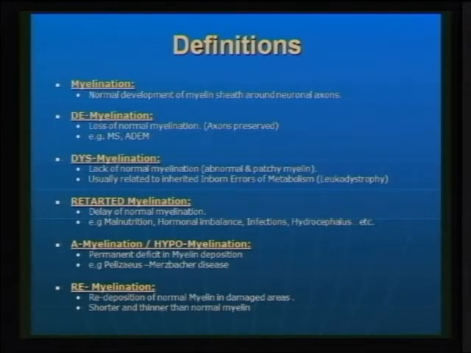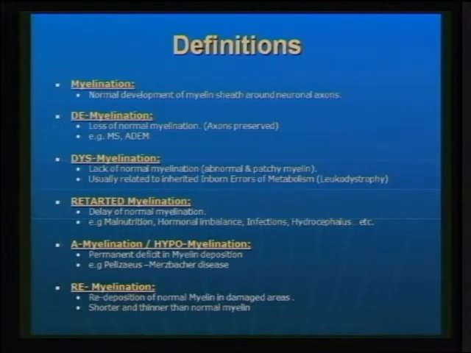Demyelination is the loss of normal myelin that has already been formed. This is frequently seen, whether primarily or secondarily, in cases of multiple sclerosis, as well as post-infectious processes like ADEM. Dysmyelination is actually lack of normal myelin formation.